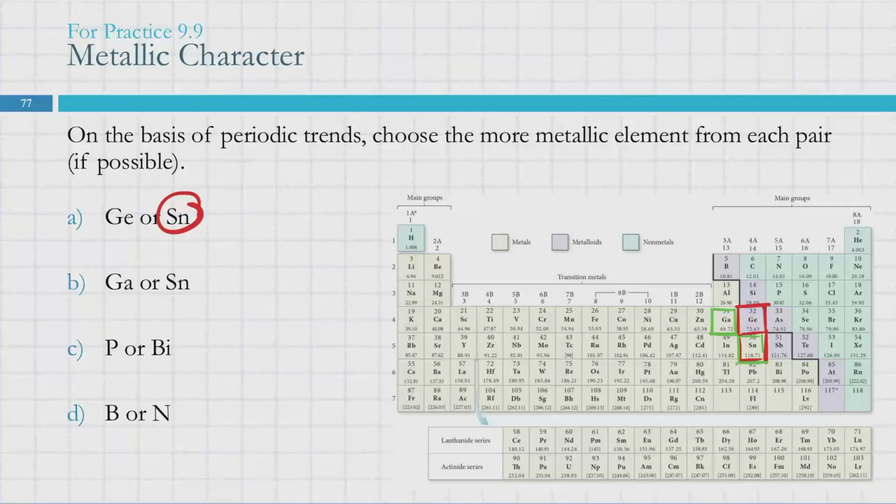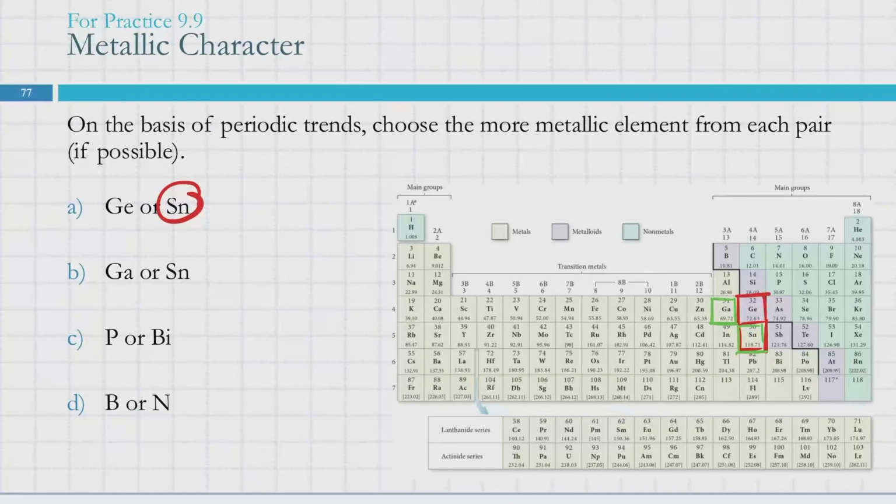We hit the shrugging emoji. We've got conflicting trends. I would guess that it's tin just because it's further down. I don't know if that's actually true. That would be my guess, is that it's probably tin. You won't get questions with conflicting trends if you get trend questions.